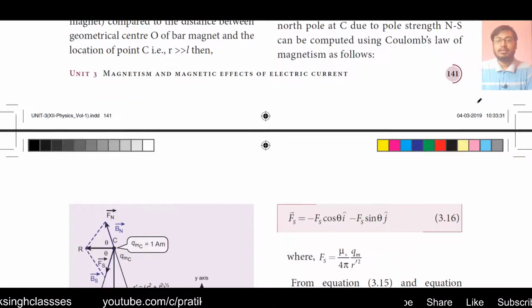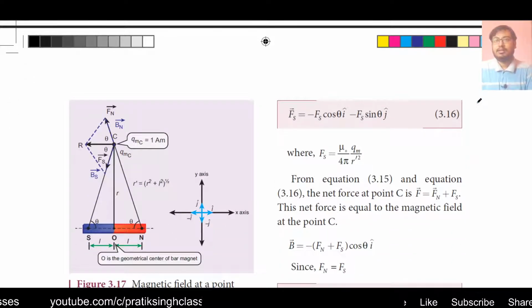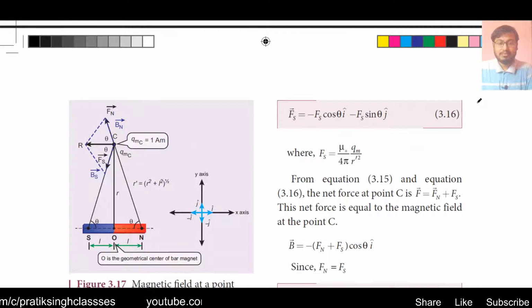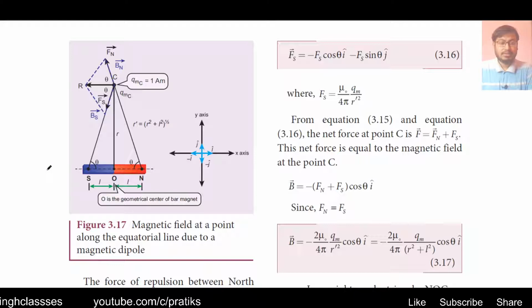Only there will be some change in the theory, but if you remember the formula for the electric field, the formula for the magnetic field will be similar in comparison. This figure we already have seen in the electric field.